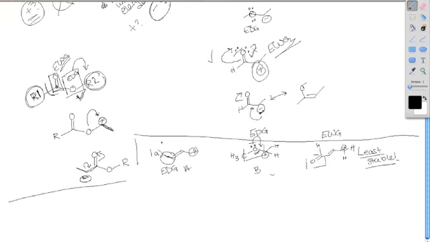You're going to be sharing those electrons with it because you can draw your resonance structure. So B is going to be a more stable electron donating than the methyl. Okay, so this is going to be the most stable.